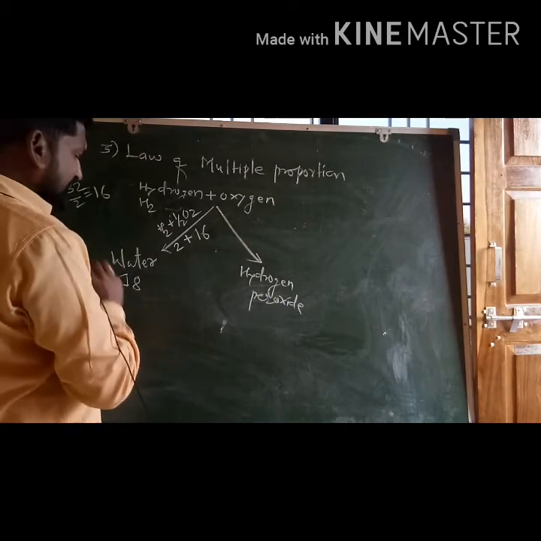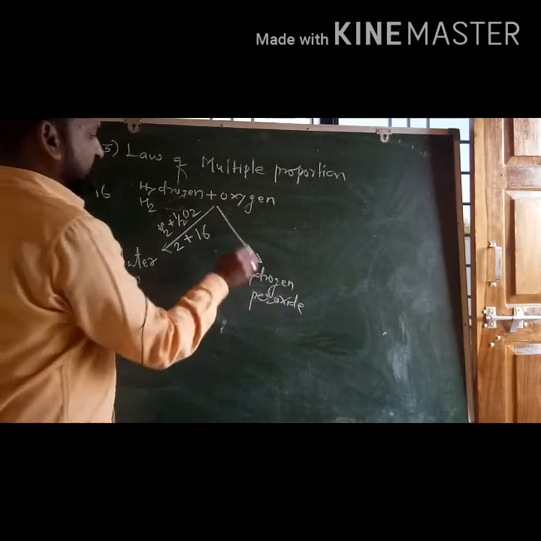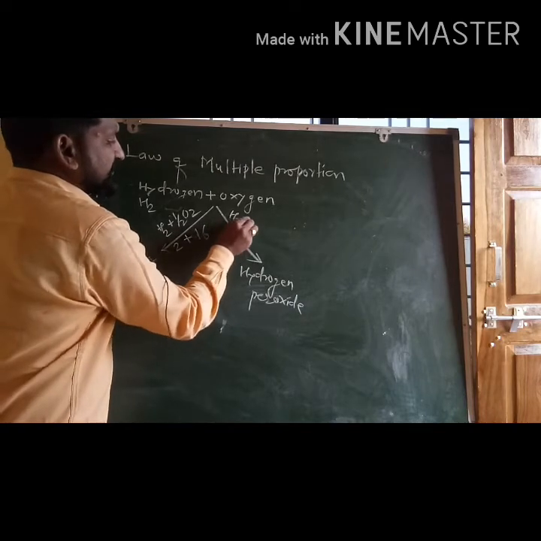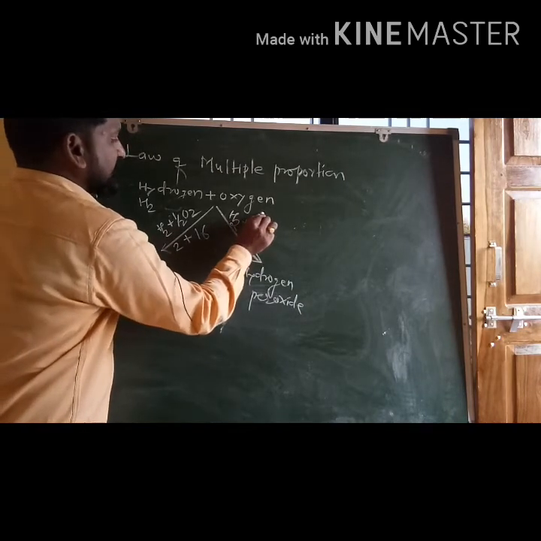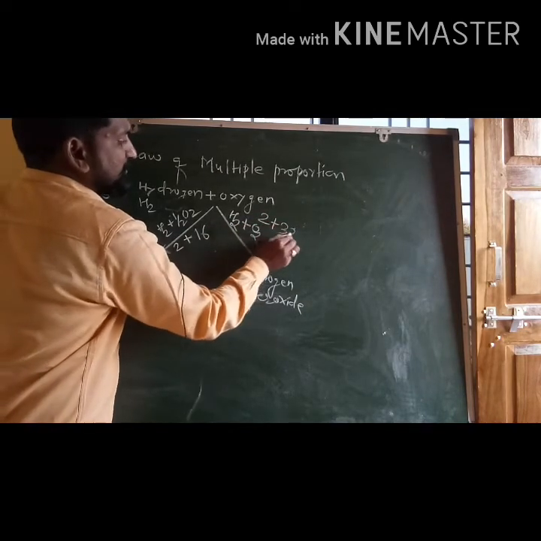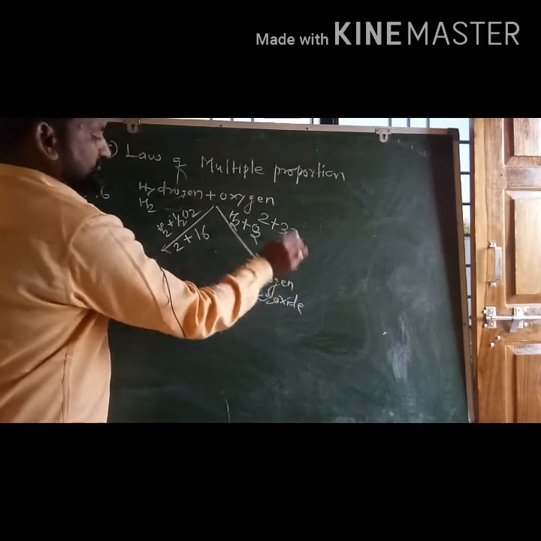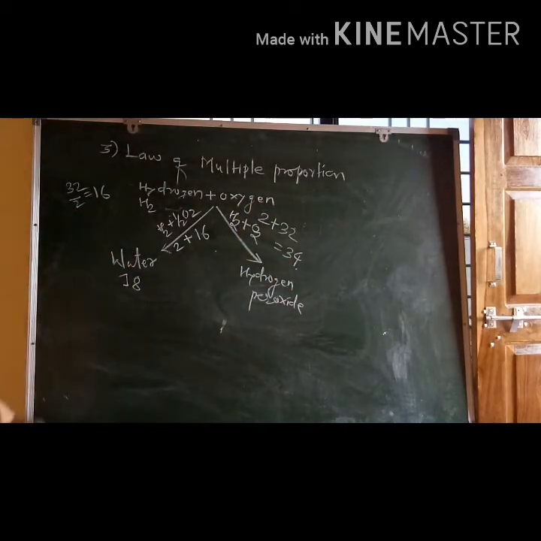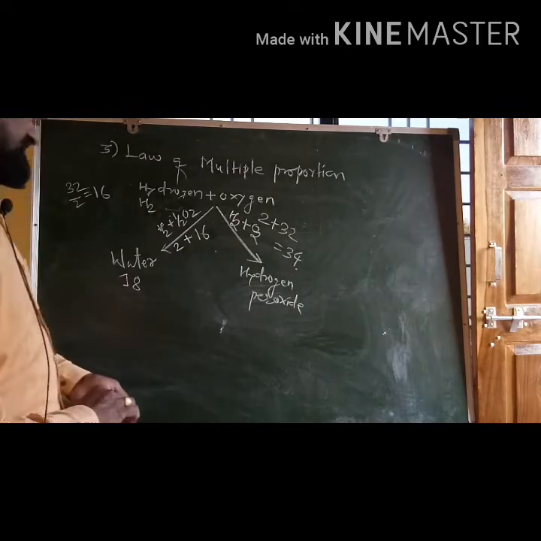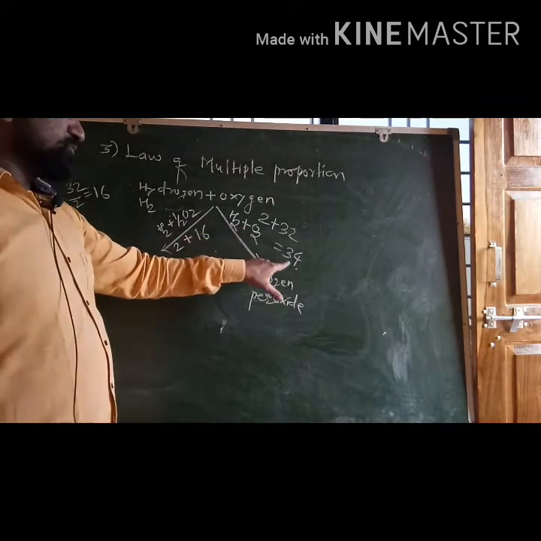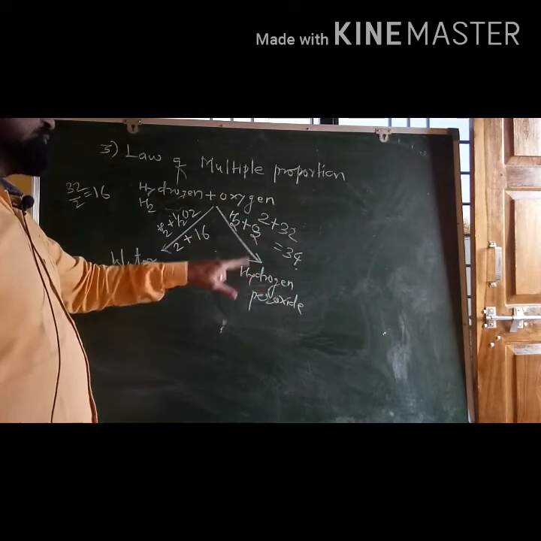After that, everybody see here. In this reaction, what happened? The reaction is slightly different: H2 plus O2. So here, 2 plus 32 becomes 34.